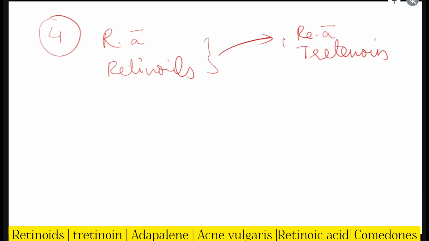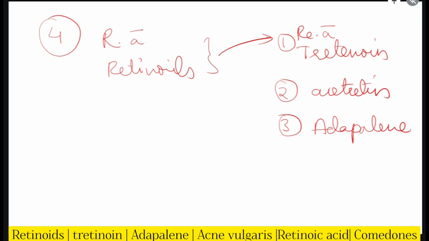Tretinoin is the first generation retinoid, the second generation retinoid is acitretin, and the third generation retinoid is adapalene.